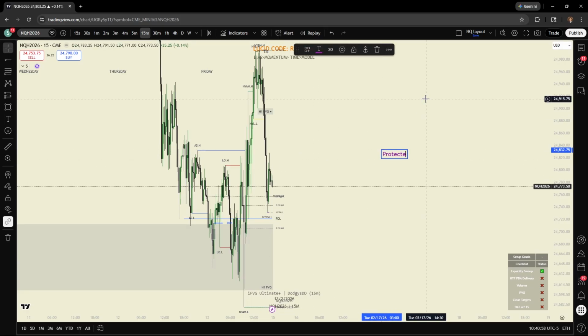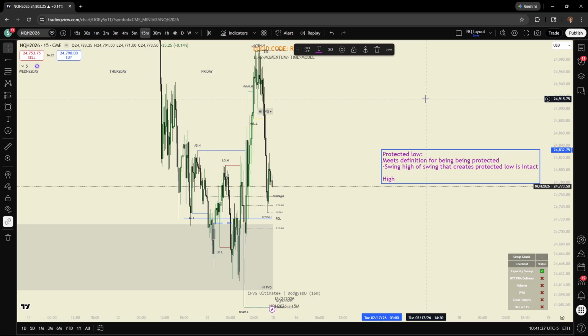So protected low meets definition for being protected. Swing high of swing that creates protected low is intact.